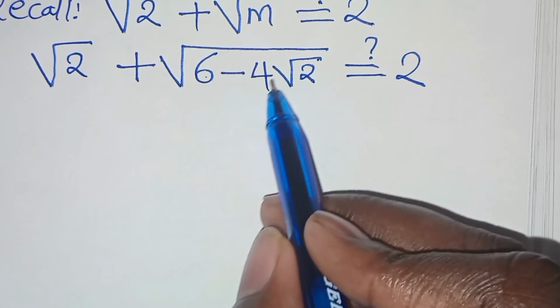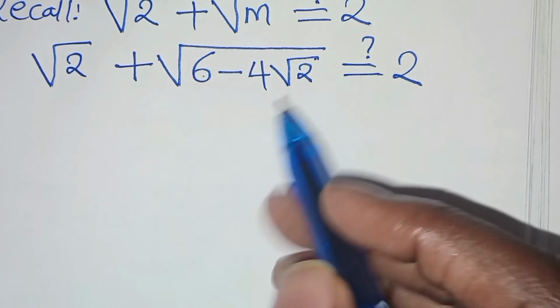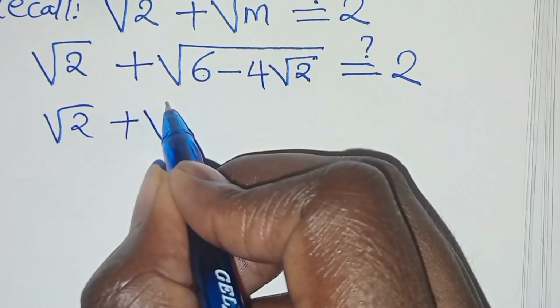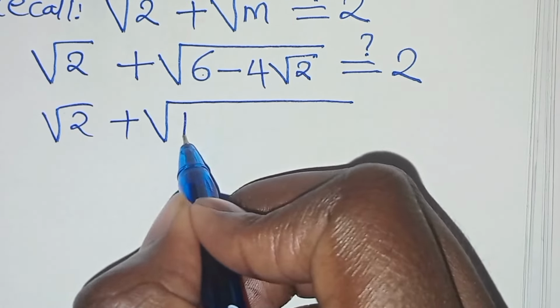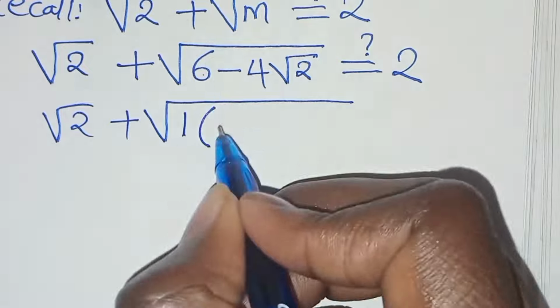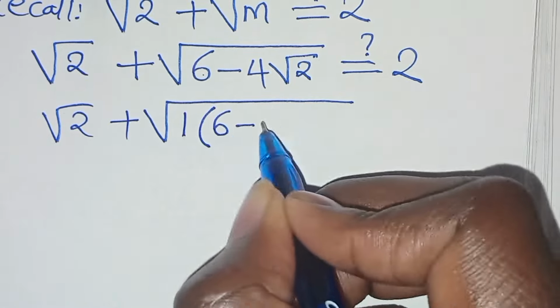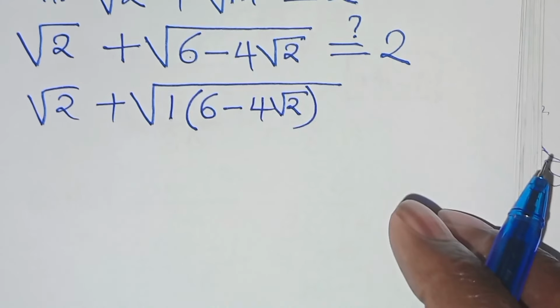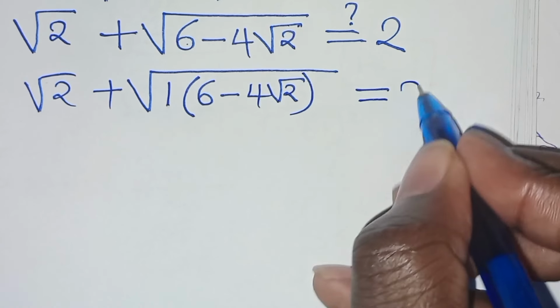Remember, we have 1 common here, so we can factor out 1 so that we have 1 into the parentheses: 6 minus 4 square root of 2. Close the bracket. This should give us a value of 2.